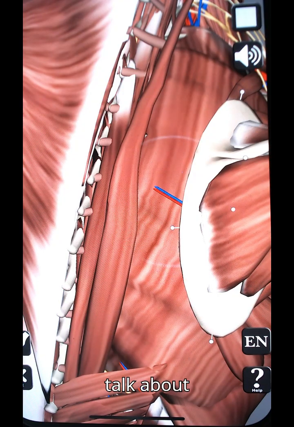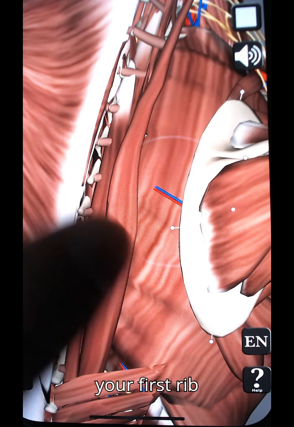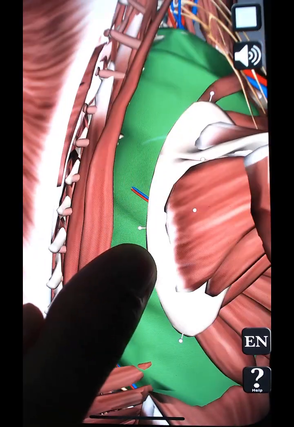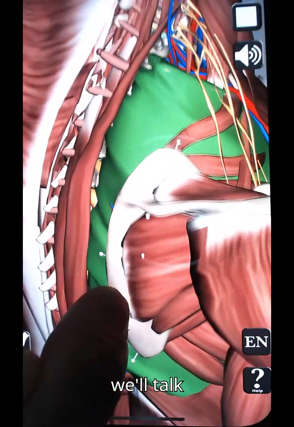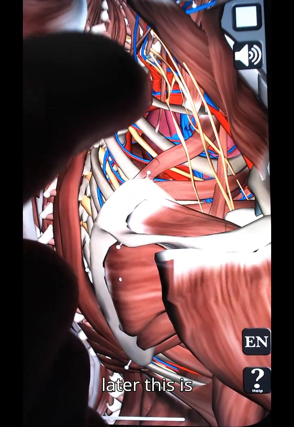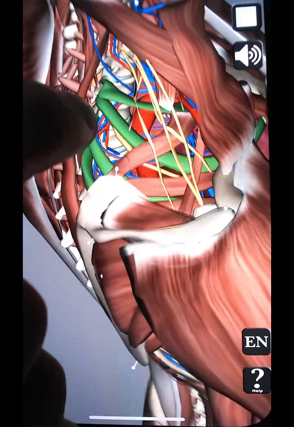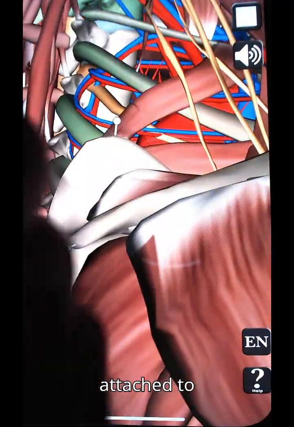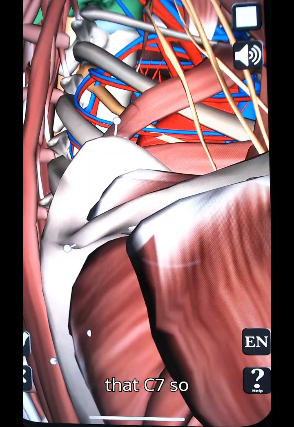we're gonna talk about your first rib. We're gonna remove your intercostals as well, and we'll talk about intercostals maybe a little later. Right, this is your first rib. First set of ribs up here, and they're attached to that C7. So that's what I was saying.